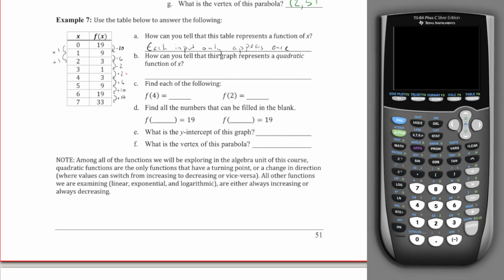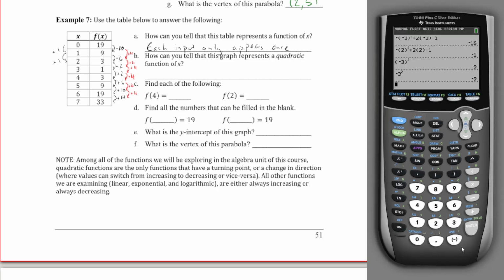In the positive numbers here, it's easy to spot that our changes are increasing by 4. And we hope that we have the same pattern in the negative numbers. If you're not sure, you can use your calculator to double check.